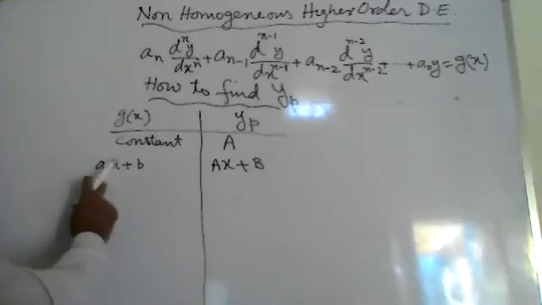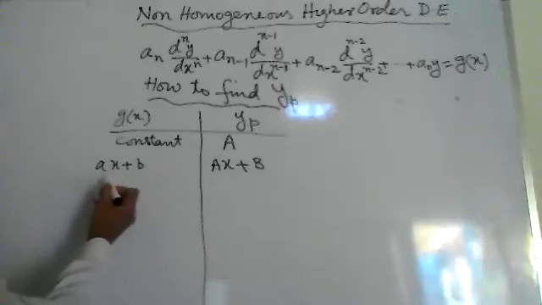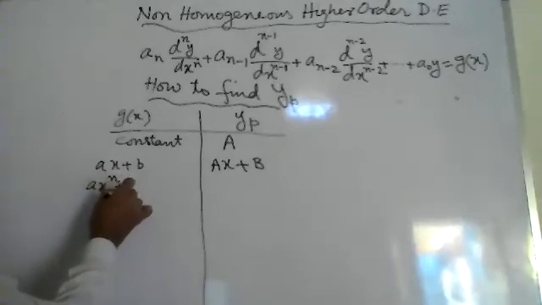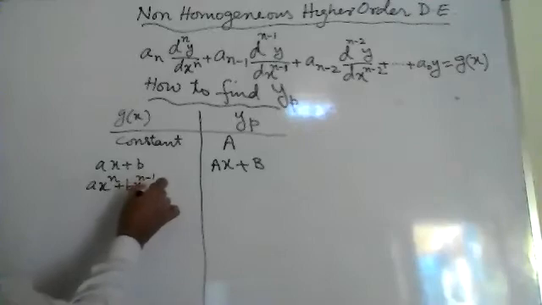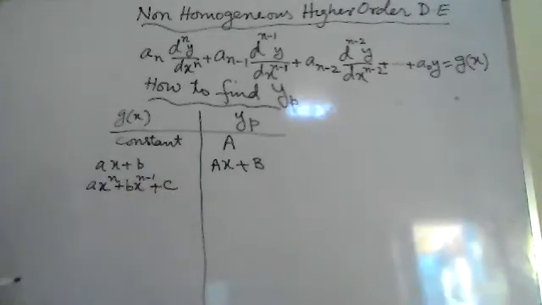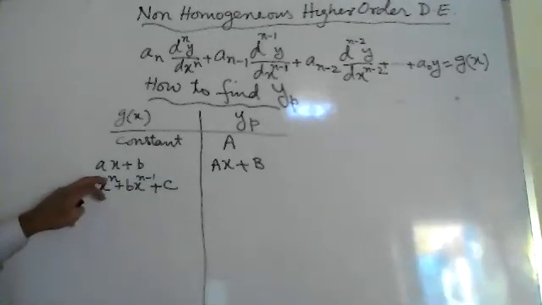If it is not power 1, it may be more than 1. It may be ax raised to power n plus bx raised to power n minus 1 plus c. So the maximum power is x raised to power n.